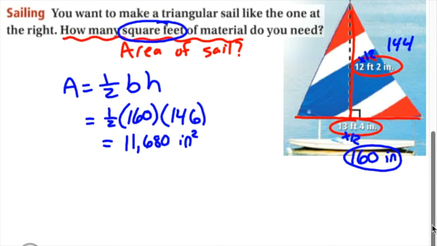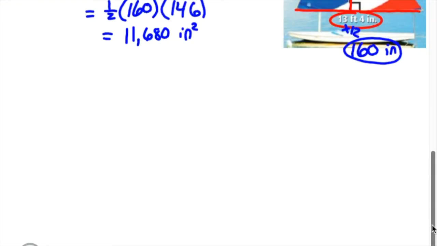Okay, so this is kind of tricky, but I need to convert square inches into square feet. Kind of tricky right here. I know that 1 foot is 12 inches.